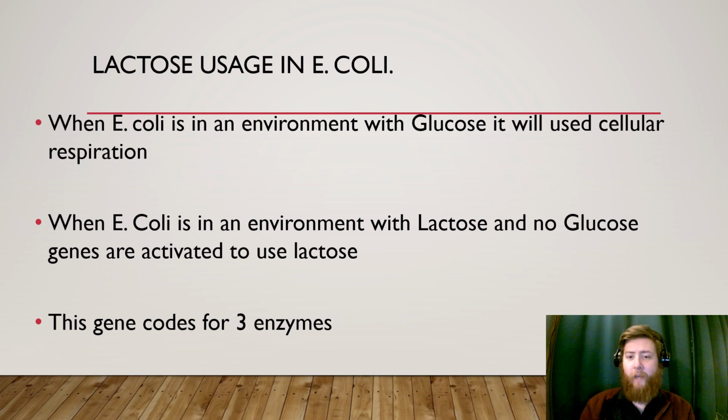So when E. coli is in an environment that has lots of glucose, it uses cellular respiration, just like us, a little bit different because they don't have mitochondria. But when it enters an environment that has lots of lactose and no glucose, it activates genes to now utilize that lactose. So it's able to switch which sugar it's using for energy.